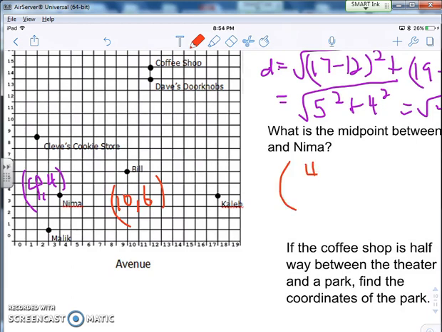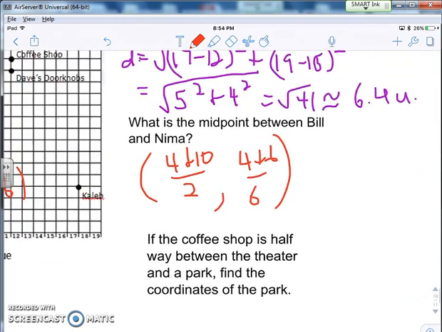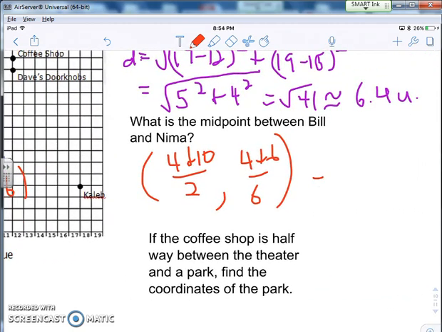So it's going to be 4 plus 10 over 2, and 4 plus 6 over 2. So 4 plus 10 is 14 over 2 is 7. 4 plus 6 is 10 over 2 is 5.